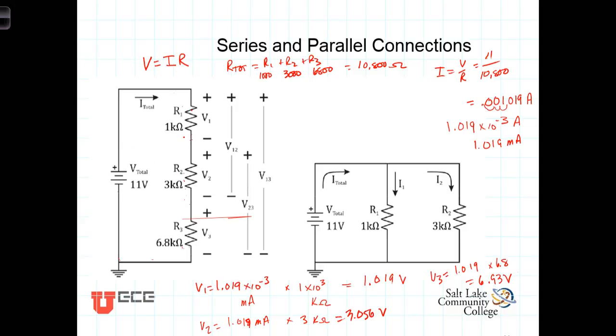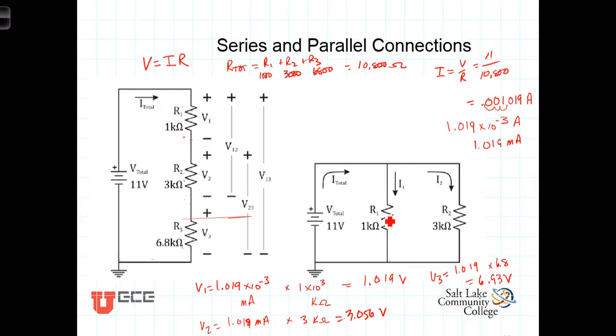Now another common configuration, another common way of connecting resistances, is to have the two resistors connected in what is referred to as parallel. And by parallel, we mean that each of the devices has the same voltage across it.